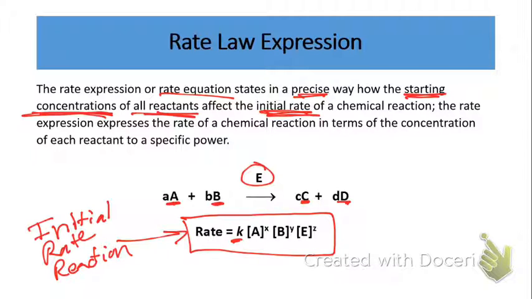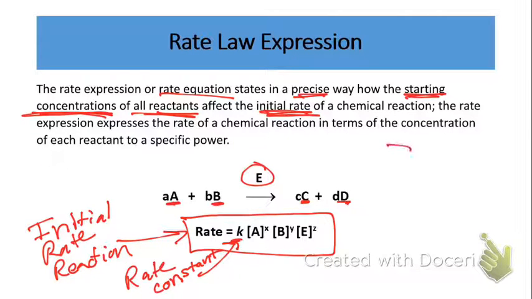Now k is known as the rate constant, all right? The rate constant is multiplied by the concentration of A, B, and the catalyst.